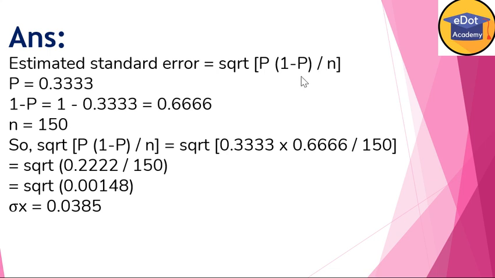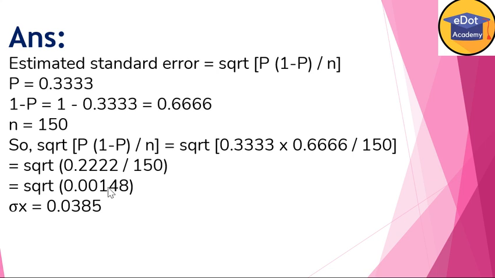The probability we already found is 0.333, and 1 minus p means from 1 you subtract the probability, so 0.666, multiplied and divided by n. n is 150 here, the total. So 0.333 times 0.666 divided by 150.